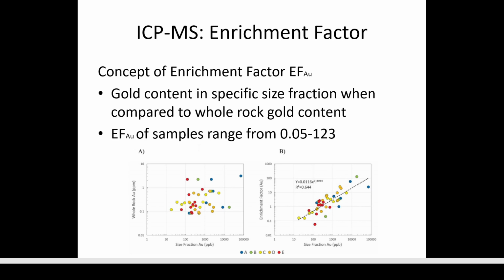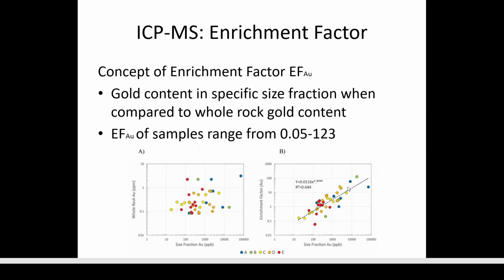If gold was segregated to no specific mineral and was only equally aligned with all the different size fractions, we would have all of our samples lining up at an enrichment factor of 1.